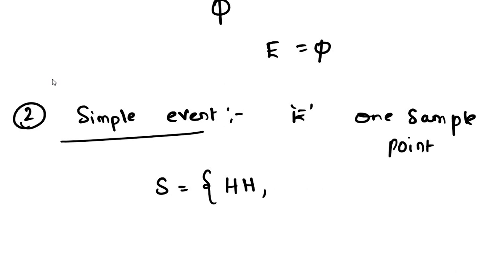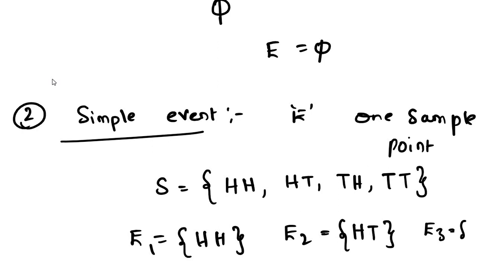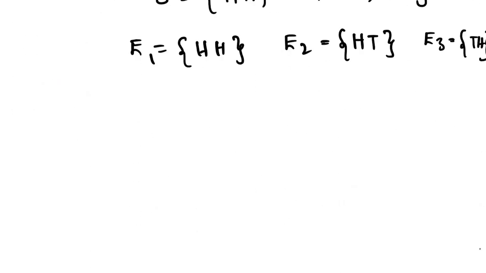The sample space is HH, HT, TH, TT. From this, simple events can be written as HH. Event 2 can be HT, TH. Like this it goes on.